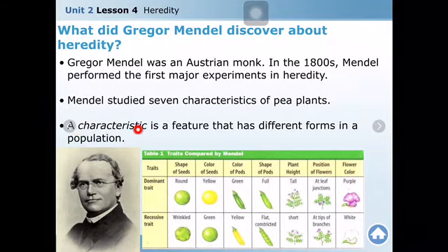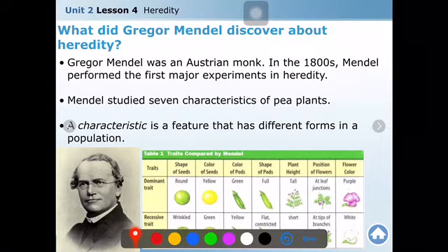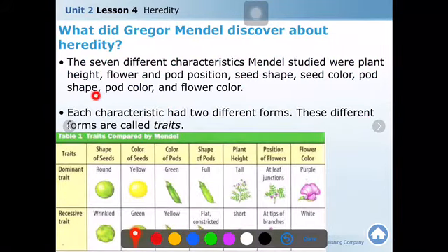A characteristic is a feature that has different forms in a population. These are the characteristics, any feature. For example, eye color is a characteristic. But how many types of eye colors are present in the population? Many. For example, in humans, we have red eye color, brown eye color, black eye color, etc. Now, what are those 7 characteristics?